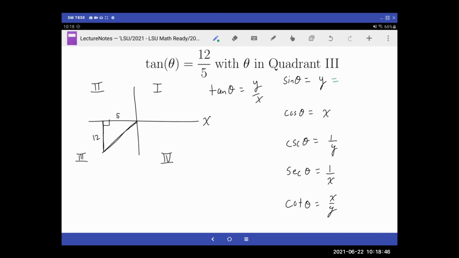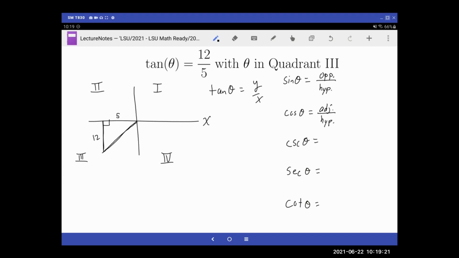Oh, actually, you know what? I'm realizing now. Let me not say it this way, because that's only true whenever we know the radius to be 1, but we don't know what that radius is yet. Okay, so instead of thinking about it as x's and y's, although it's good to set up the triangle originally, what we need to do is think about this in terms of opposite sides and the hypotenuse, or adjacent sides and the hypotenuse, and so on.